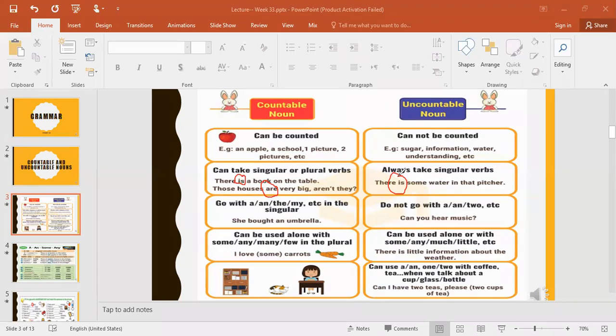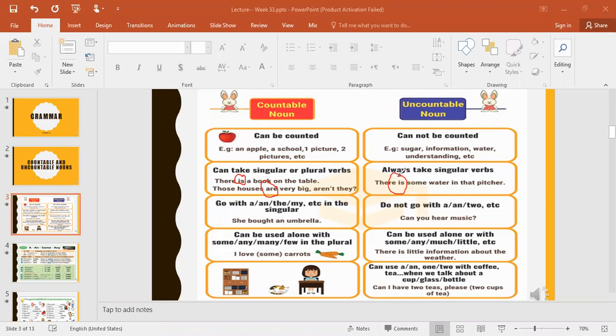He is eating an apple. They are reading a story. Okay? I am driving my car. He is riding the bicycle. So these nouns can go with all of these modifiers, a, an, the, my, and so on.